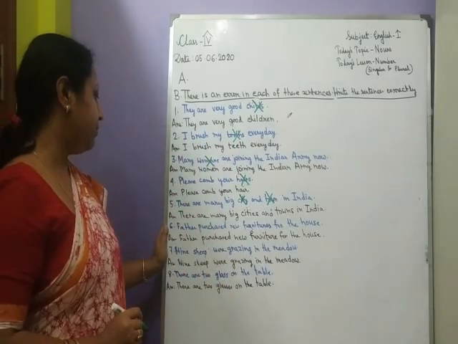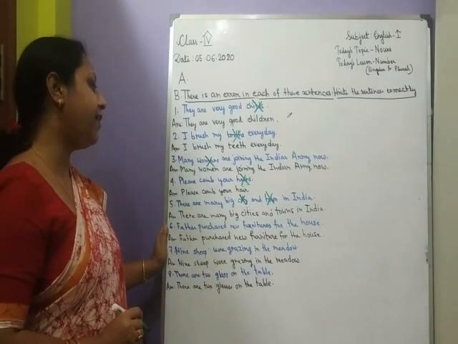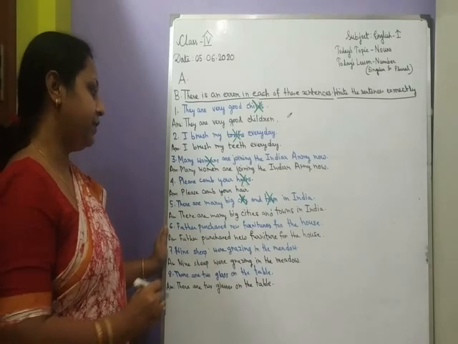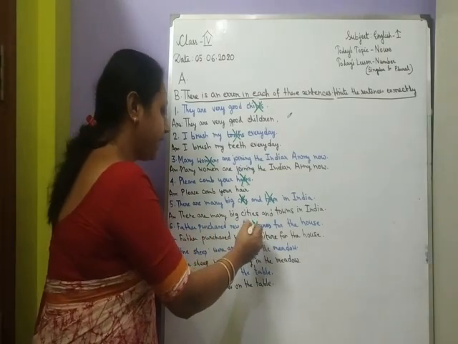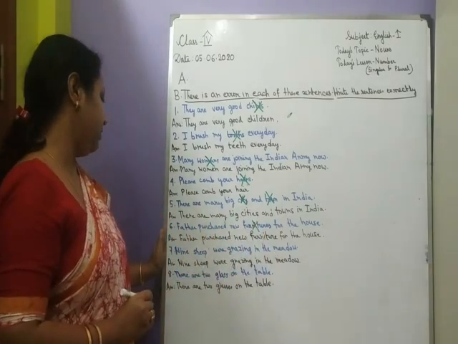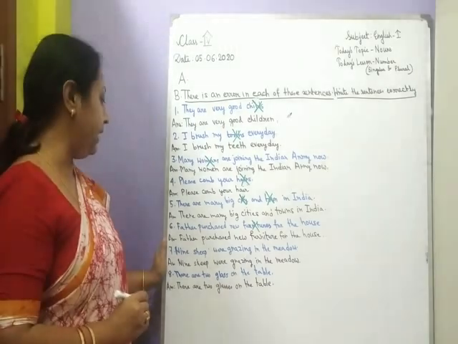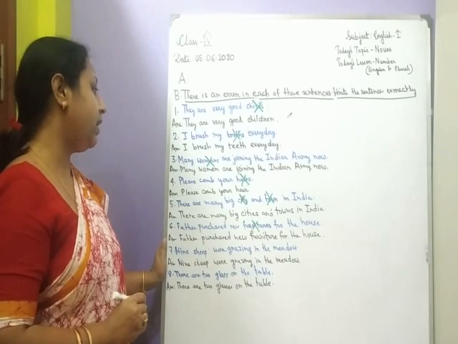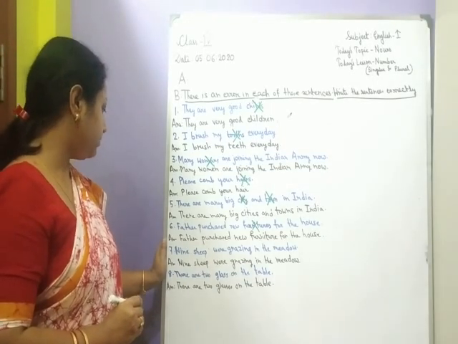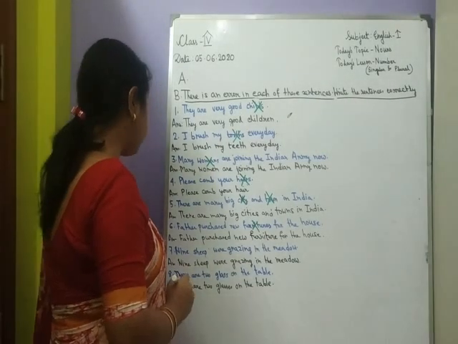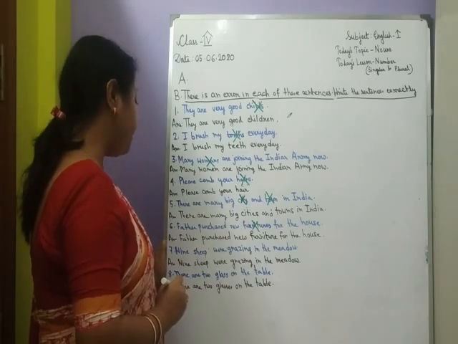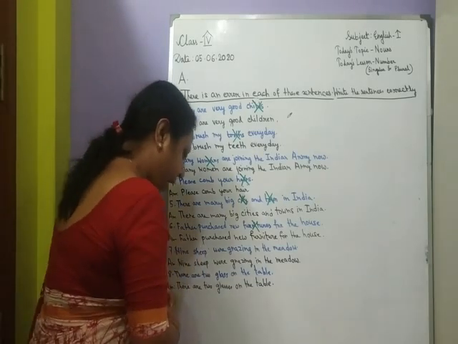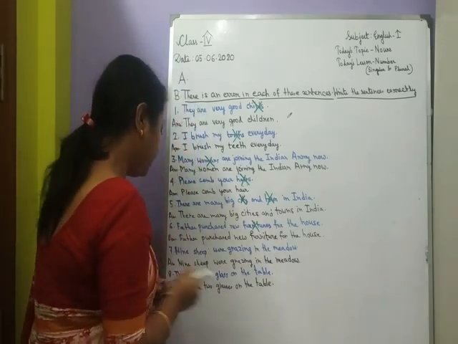Number 6. Father purchased new furnitures for the house. Furnitures is incorrect. It will be furniture. So the answer will be father purchased new furniture for the house. Number 7. Nine sheeps were grazing in the meadow.